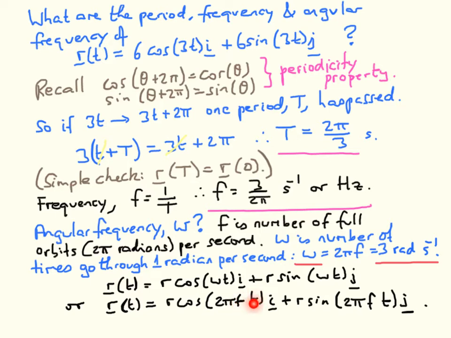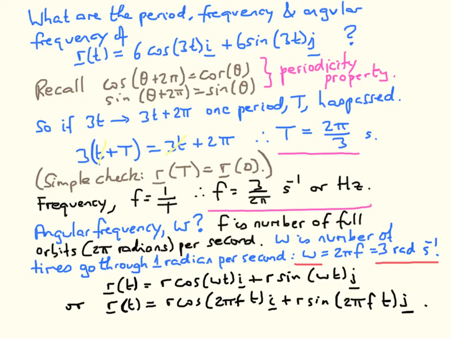So after a period has passed, we'll see that r of t is r cos of 2 pi i plus r sine of 2 pi j, and cosine of 2 pi is the same as the cosine of naught, sine of 2 pi is the same as the sine of naught, and so we see we'd have exactly the same form for r at the period as we would have at r of naught, which is what we would expect, because at the time when one period has passed, we've gone all the way around the circle, and we should get the same position as we would start with when the time was 0.